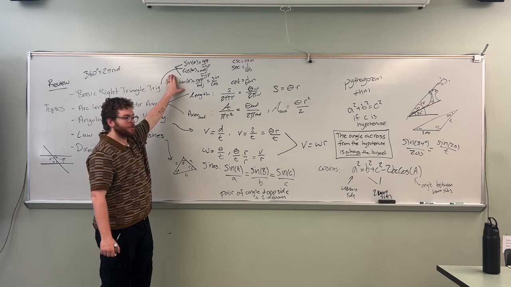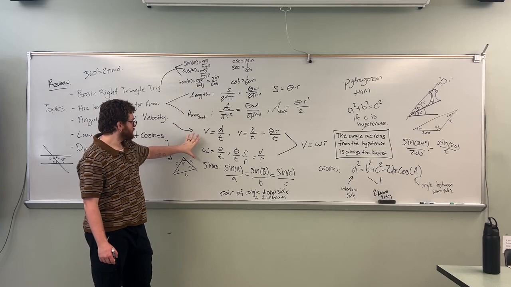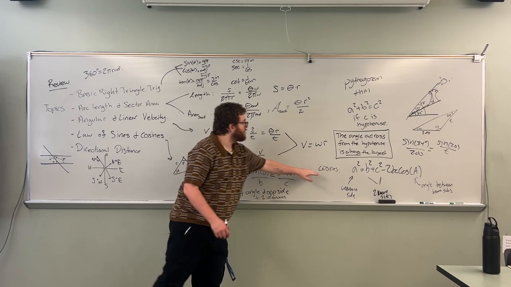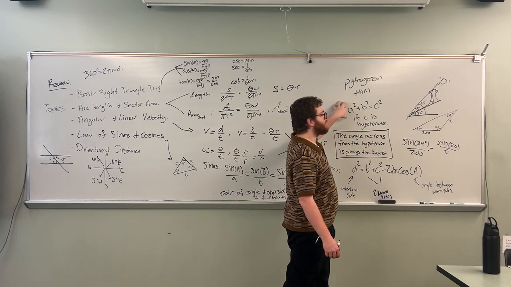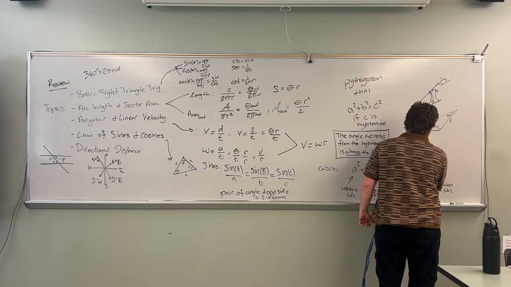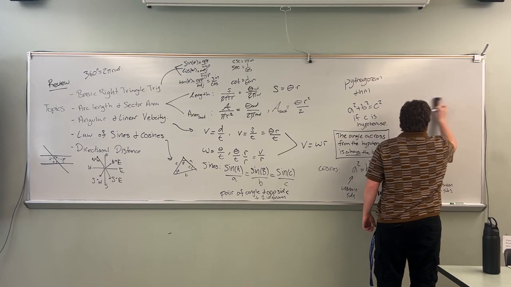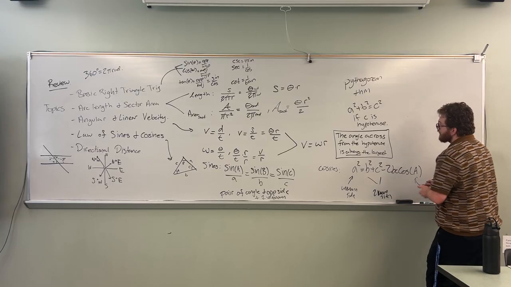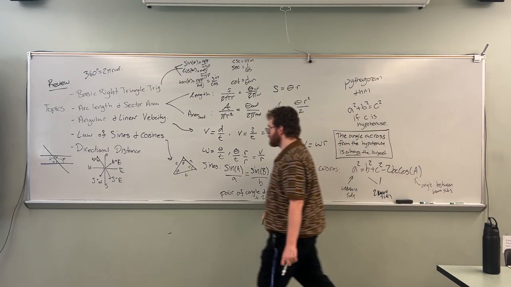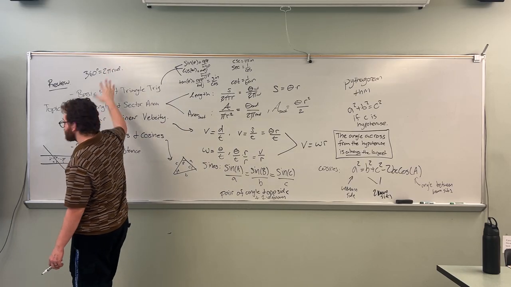These are basic trig functions, arc length and sector area, angular velocity, law of sines and cosines, Pythagorean theorem, which I really hope you should know. This was just an example, so I can get rid of this to begin with. This is just a useful rule. All these are just words.